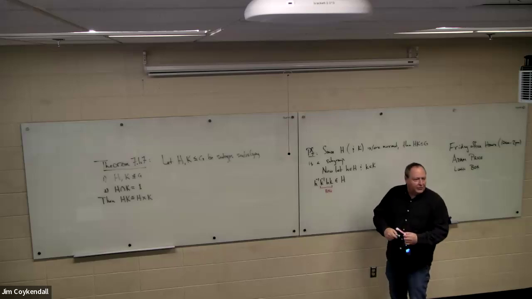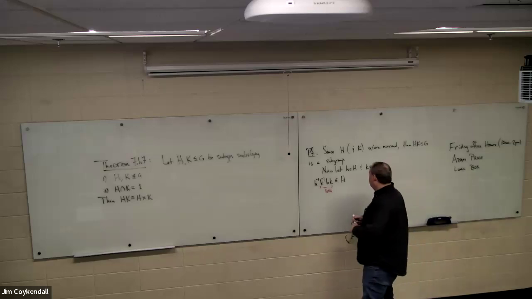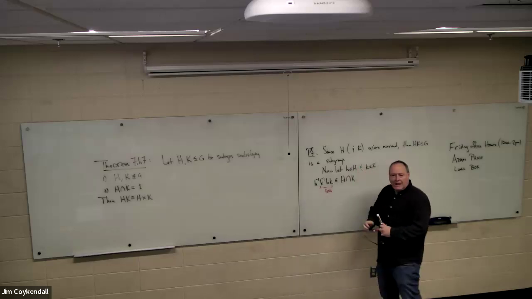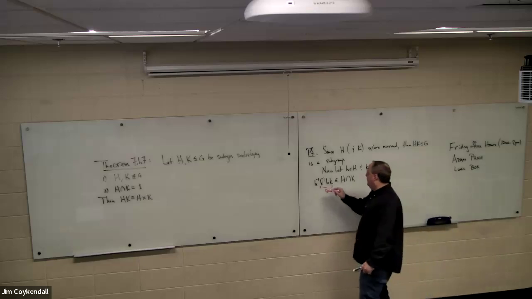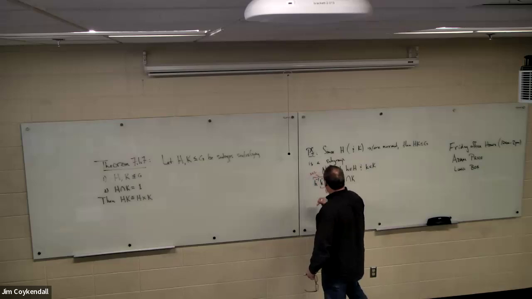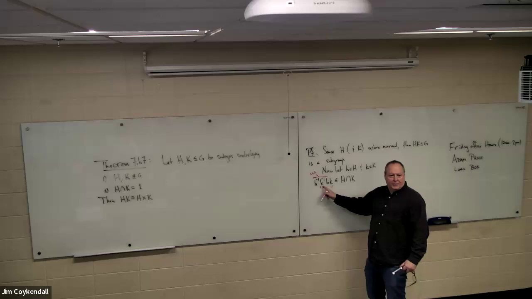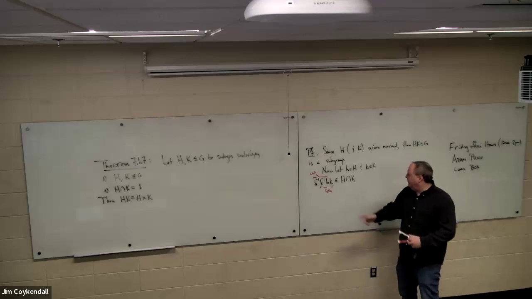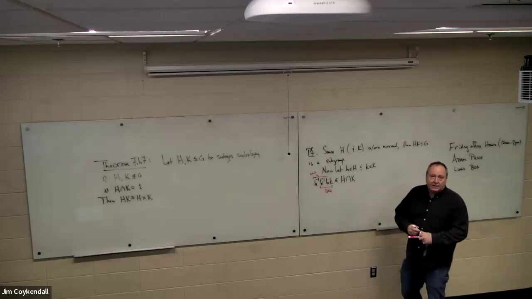Now you see I can pull the same shenanigans in a different order, if you will. This is also in K for essentially the same reason. This is a conjugate of something in K, and K is normal, so this thing is in K, as is this. So this thing lives in H intersect K, right?